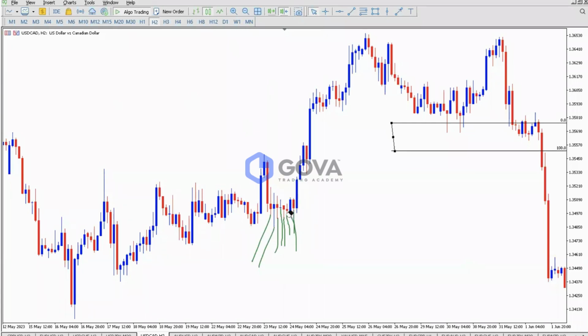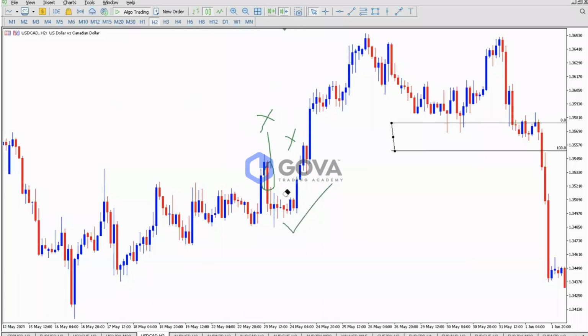That is because it is not inside the box. Let me highlight the box around this area. You can see that this candle here is outside the box. This candle also is outside the box, so it means it is not part of the basic candles. This one also is not part of the basic candles. So the basic candlesticks are basically these ones here, okay?